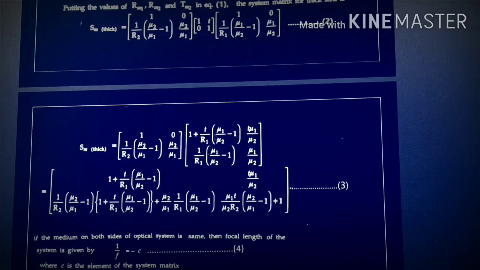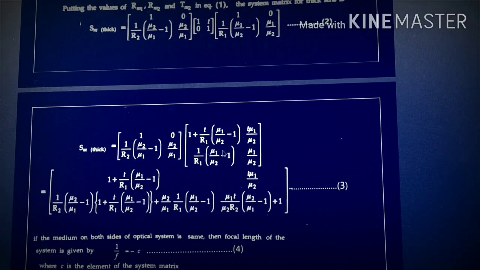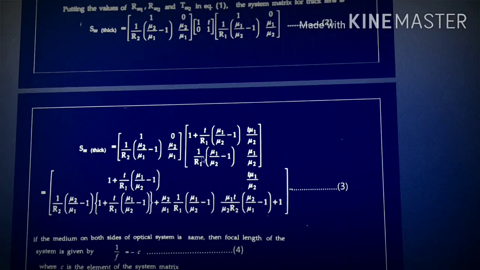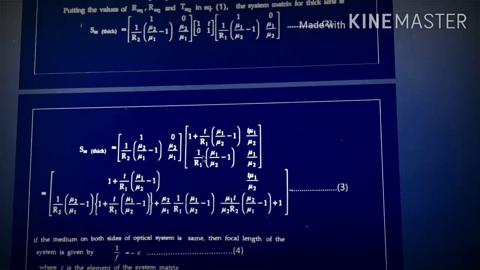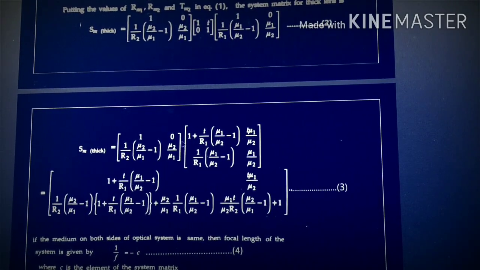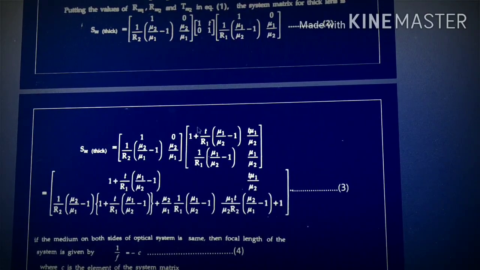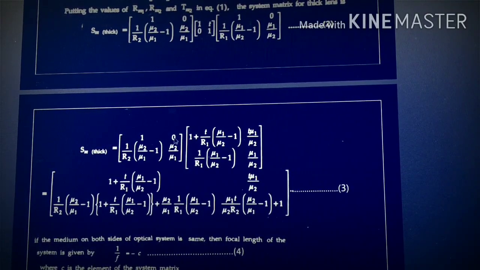Now look, these are the two matrices. In the previous case we also multiplied first row first column, first row second column, second row first column, second row second column. So the first one is 1 into this plus 0 into this.